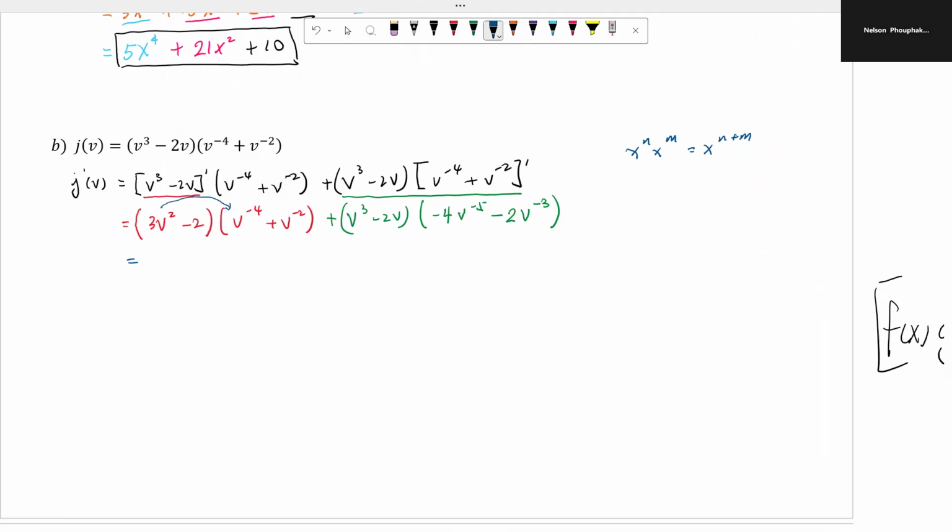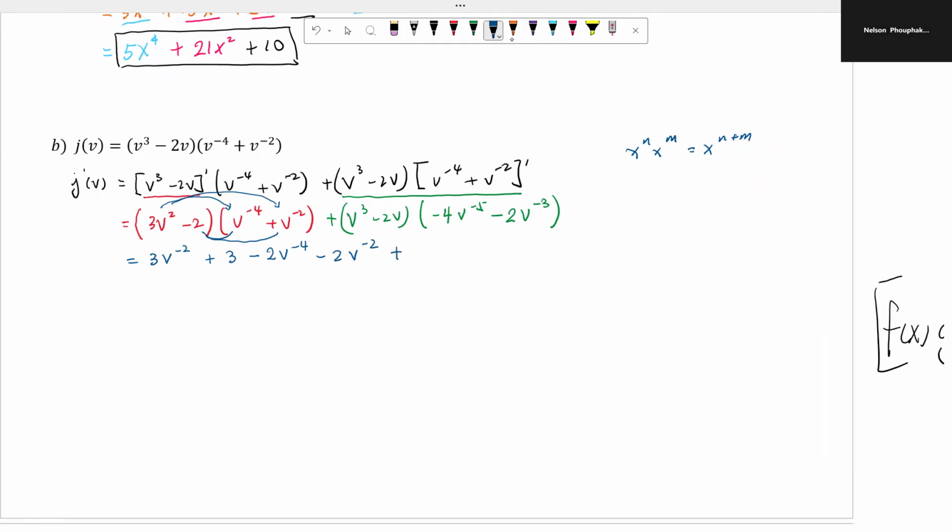So I will have 3 v to the negative 2 plus 3 minus 2 times v to the negative 4 minus 2 times v to the negative 2.